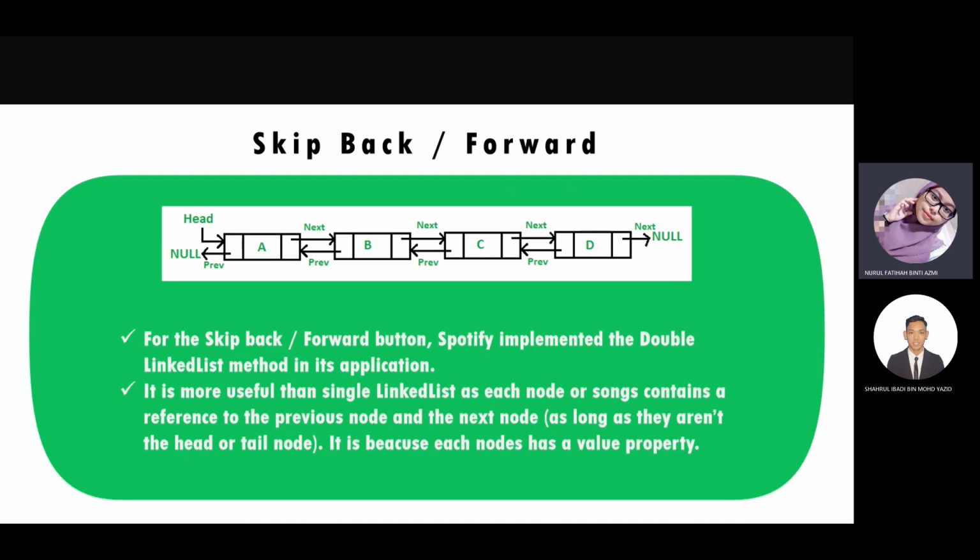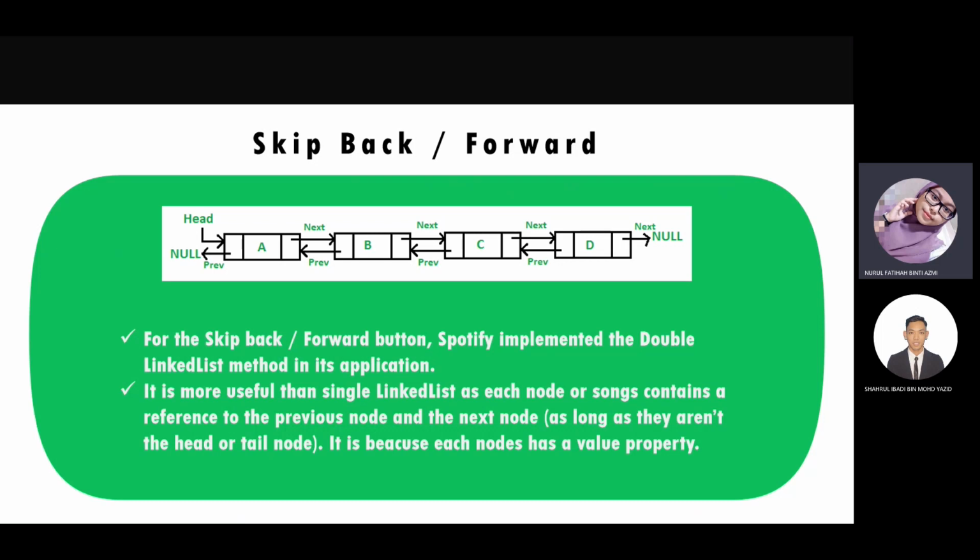In this slide is the skip back or forward function. I will explain the function of skip back or forward. For the skip back or forward button, Spotify implements the double linked list method in its application.